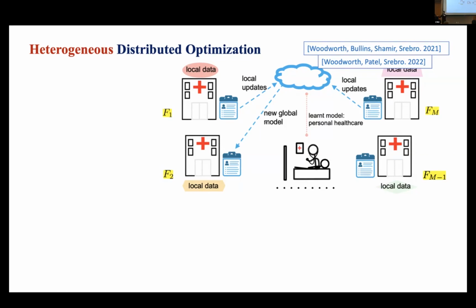This is called the heterogeneous setup of federated or distributed optimization, where we assume that for the mth machine, or the mth local server, the data Z, basically the patient, is drawn from a distribution D_m, which is also a distribution over the tuple of the feature and the label, but is different from the distribution at the other hospitals. Because of medication, treatment, procedure, many things are going to be different across hospitals. So there's no way we can assume all the data distributions are the same.